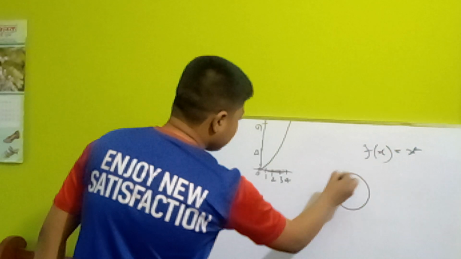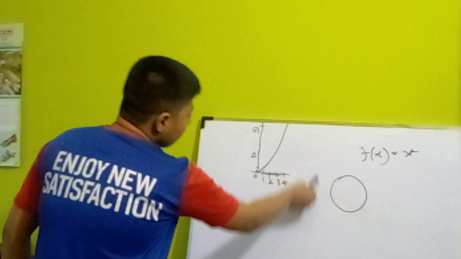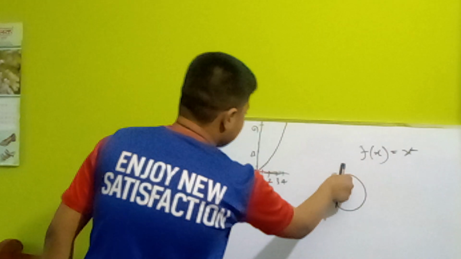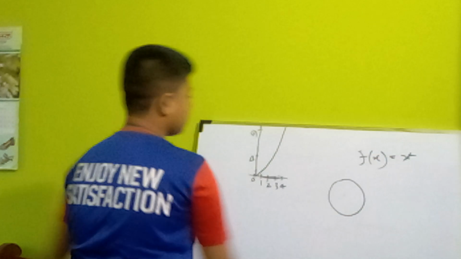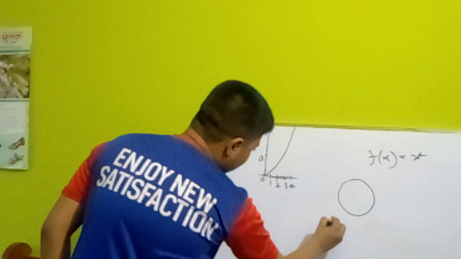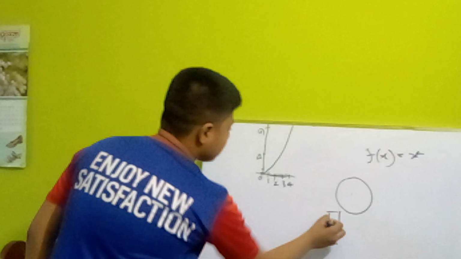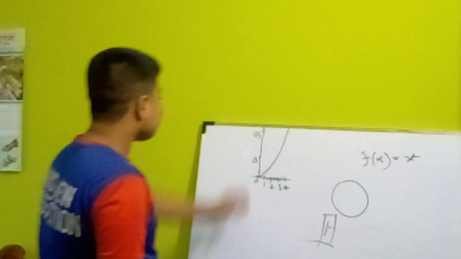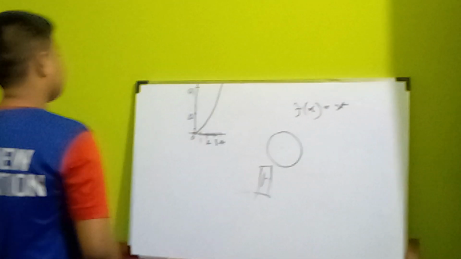You know that a circle is made of curved lines. And if we zoom in on an extremely small scale, this curved line would give us a straight line. This straight line is all we need to find the derivative of this curve.